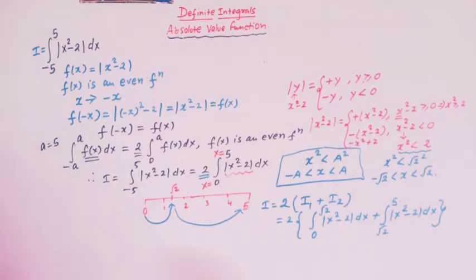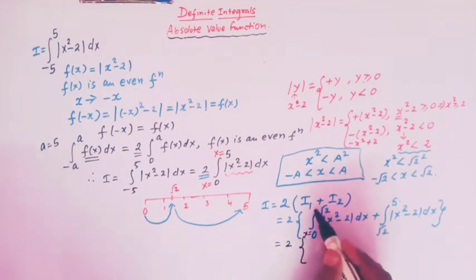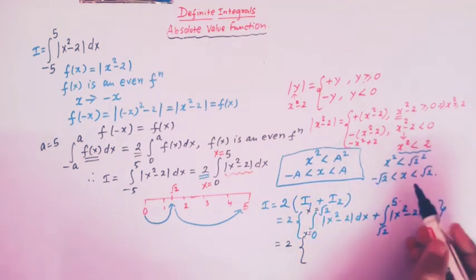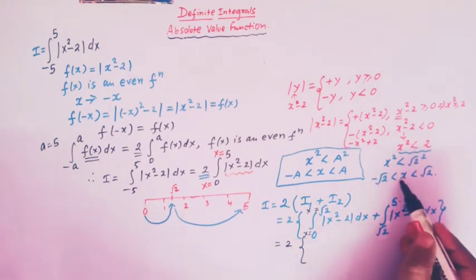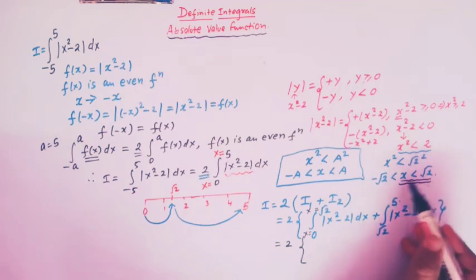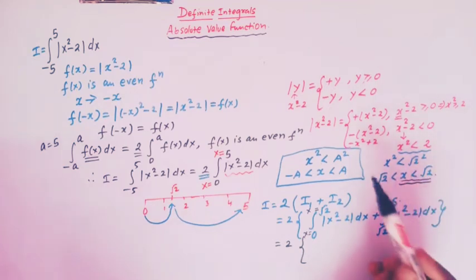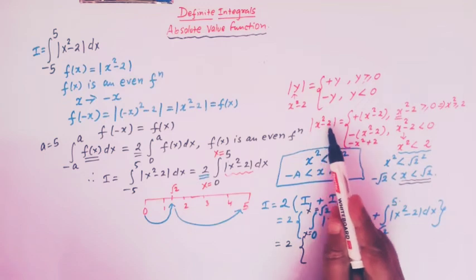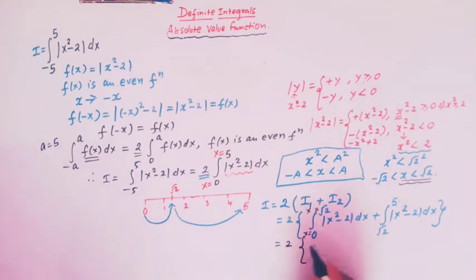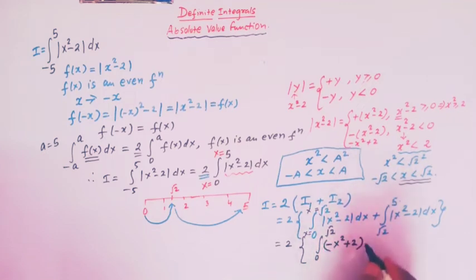Okay, so now viewers, let us rewrite these two integrals. See, here x varies from 0 to root 2, right? And when x is less than root 2, we have mod of x square minus 2 is equal to minus x square plus 2, right?